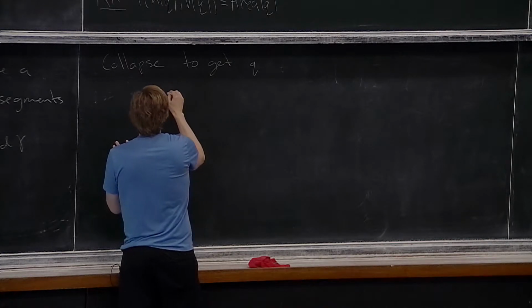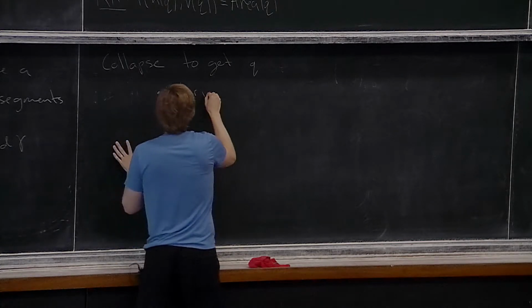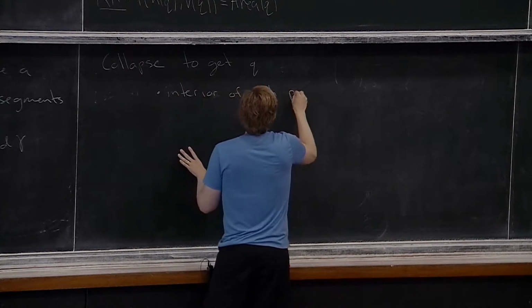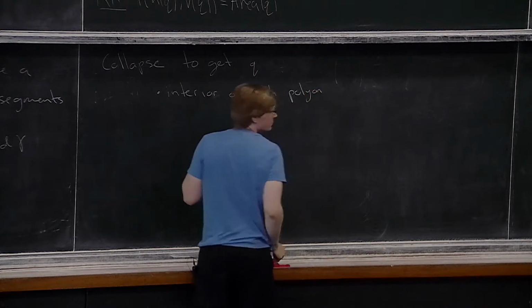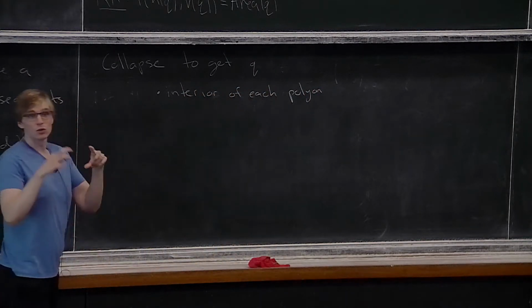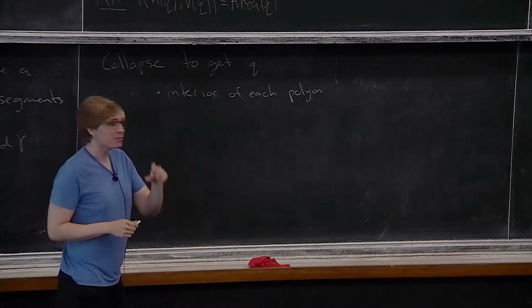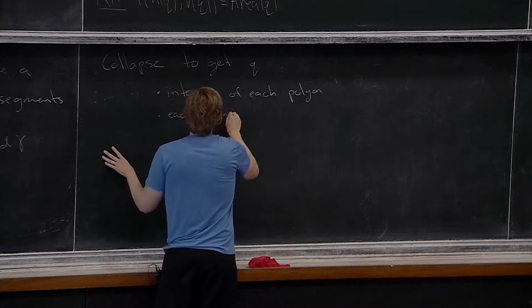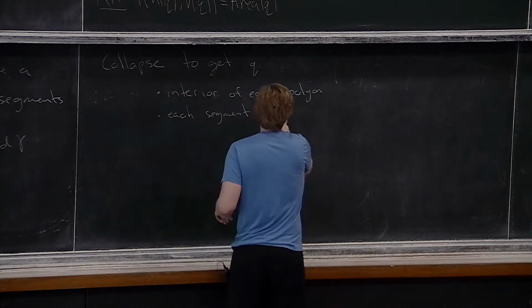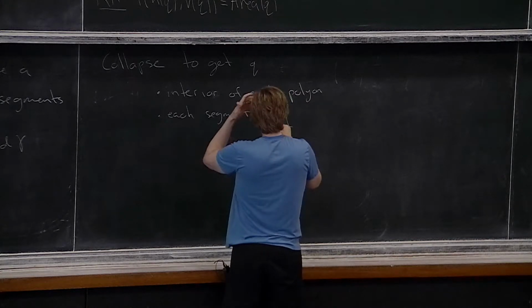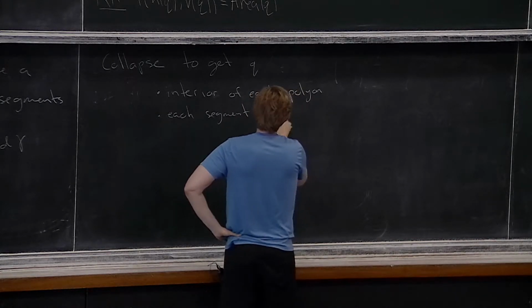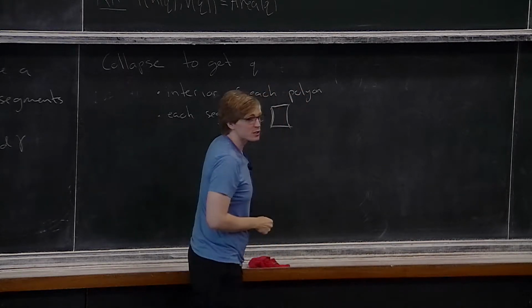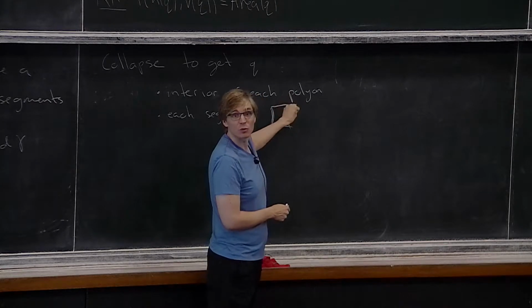So you should collapse the interior of each polygon to a point, and you should also collapse each segment. I'm going to collapse each of these edges to a point. So the whole closed polygon will in fact give 1 point.